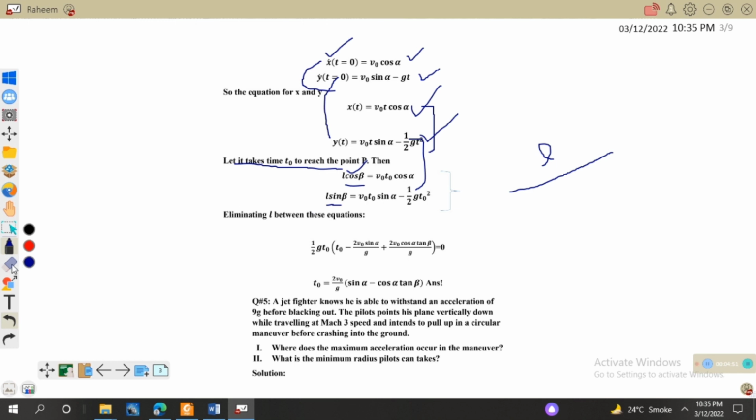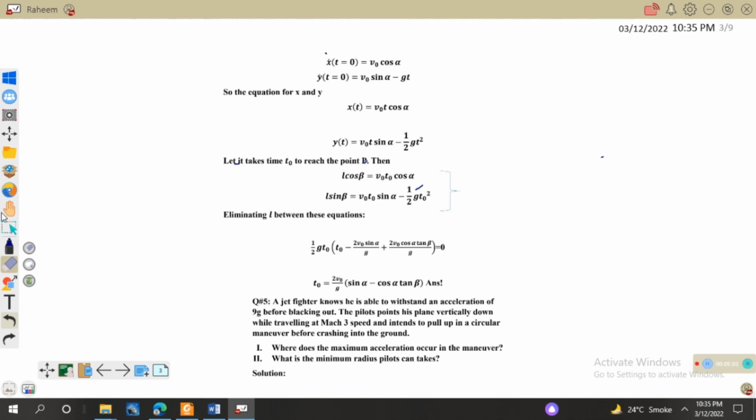Then we will solve these equations to eliminate L. If we eliminate L between these equations, this will give us g t naught over 2 times the bracket t naught minus 2 v naught sin alpha over g plus 2 v naught cos alpha tan beta over g.